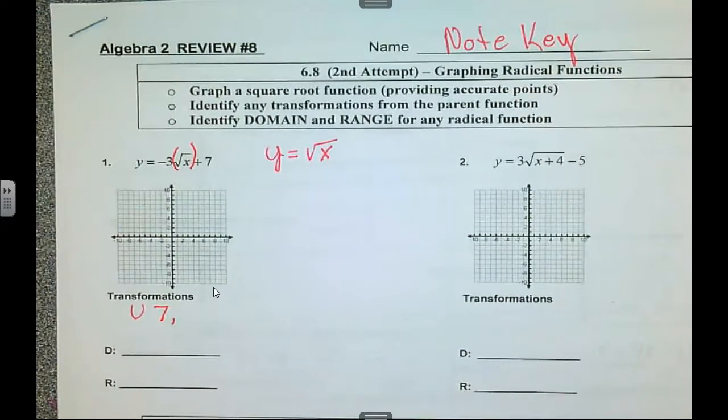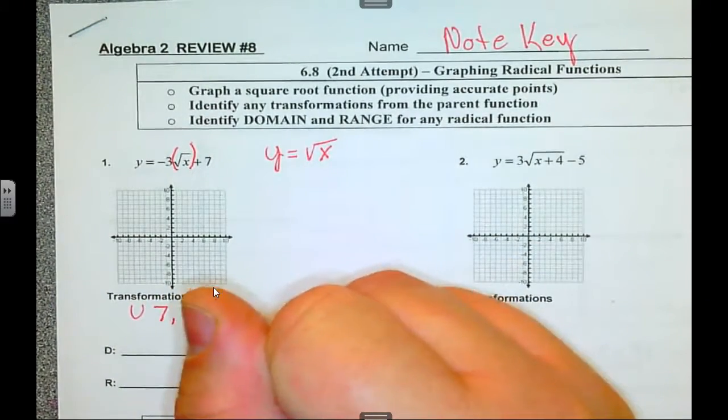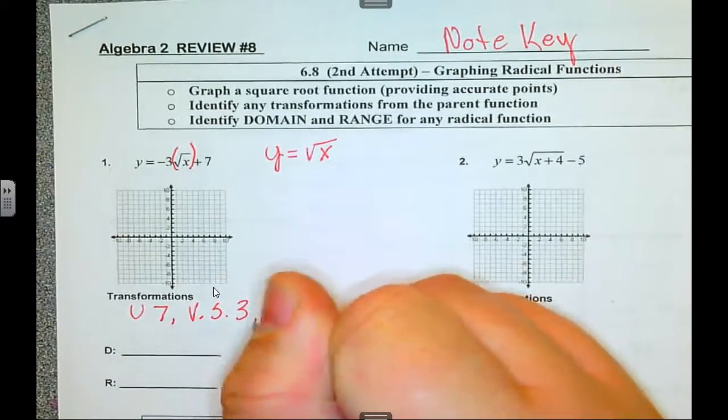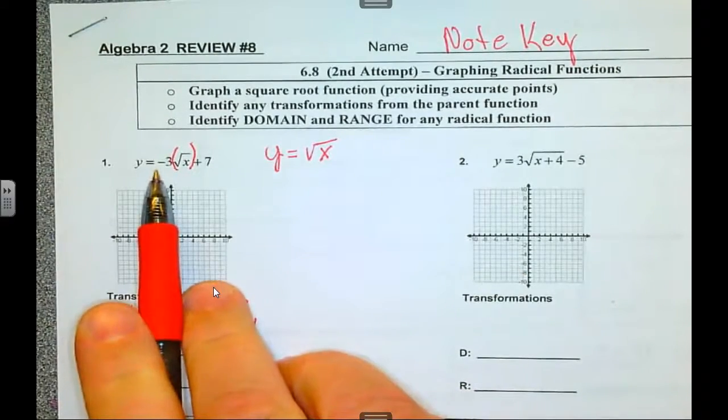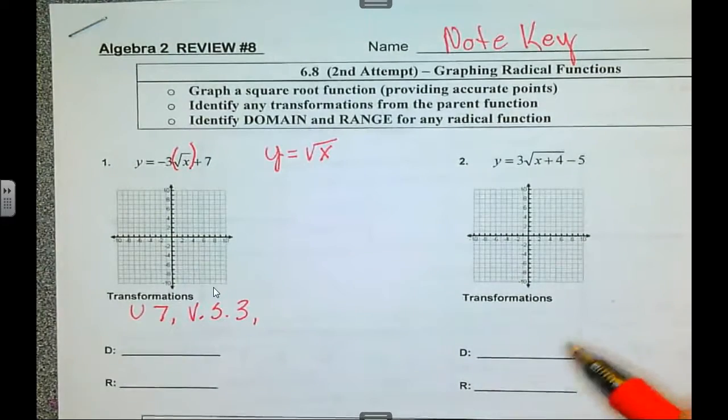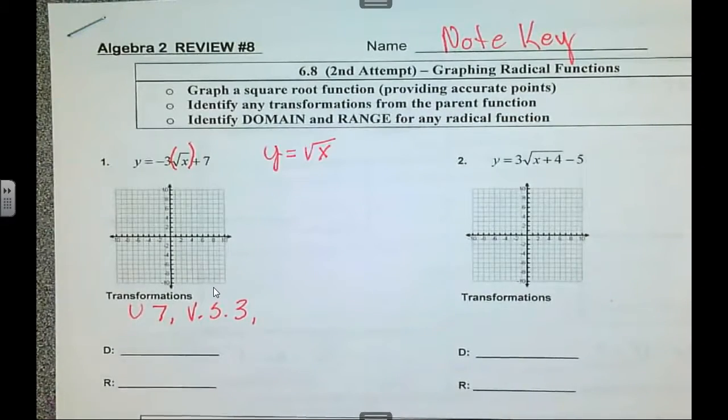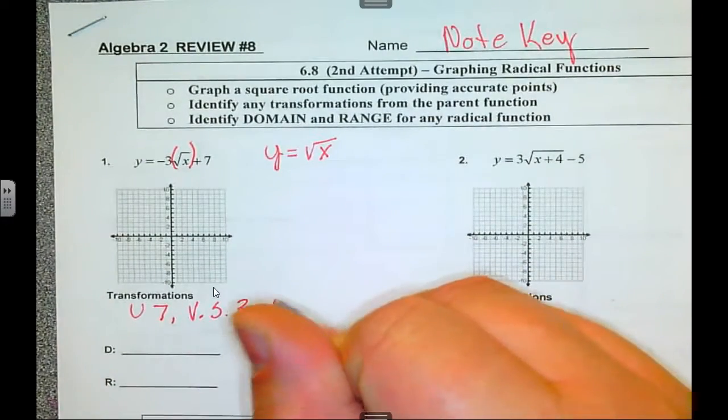Not up 3. Vertical stretch of 3. Good. Now, somebody said something about that negative sign. What's that going to do? Yeah, well, I don't like the word flip. It reflects. If you put flip, I'll be happy with that. Okay. It actually reflects.